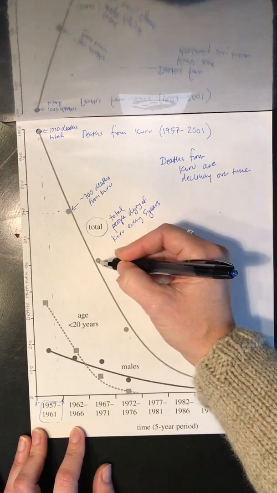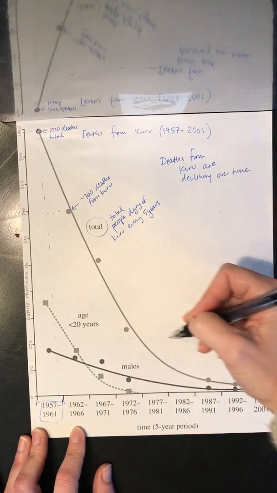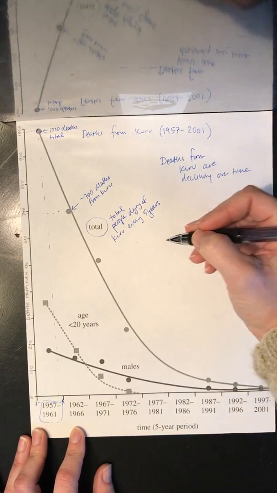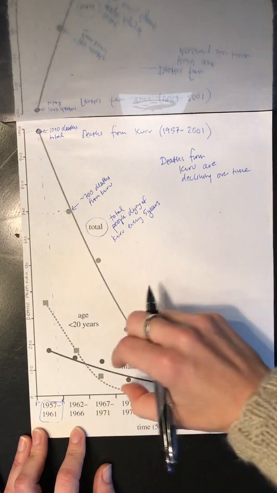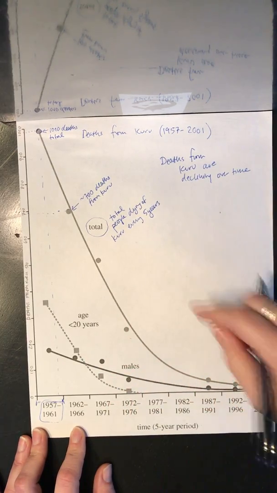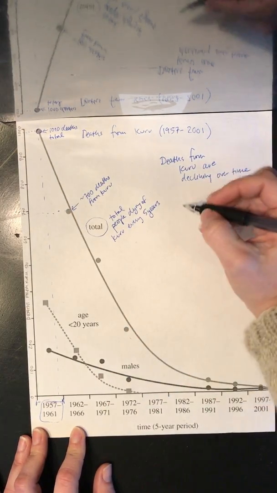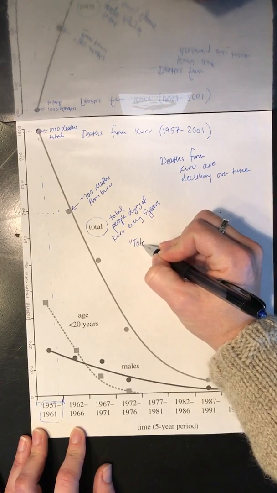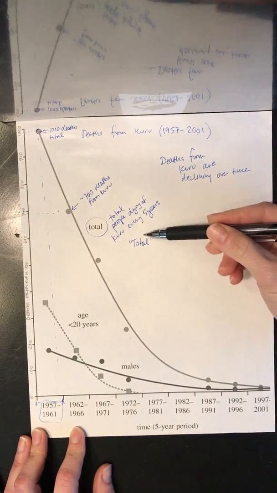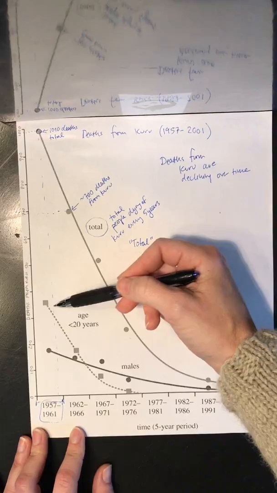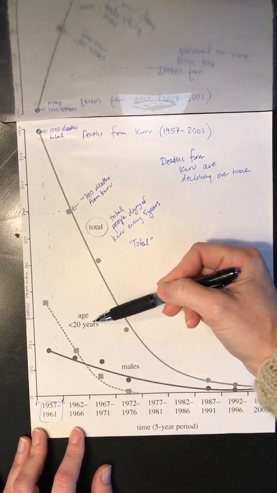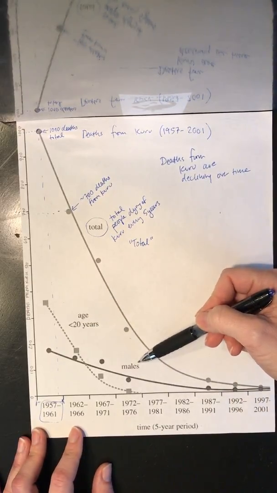And if I keep following these dots, I'm going to see that as the time keeps going by, we have fewer and fewer total people dying of Kuru in every one of those 5-year periods. So that's for my total. I have to make sure I know what total means, because what are my other options here? I have a line that says age less than 20 years, and then I have a line that says males.